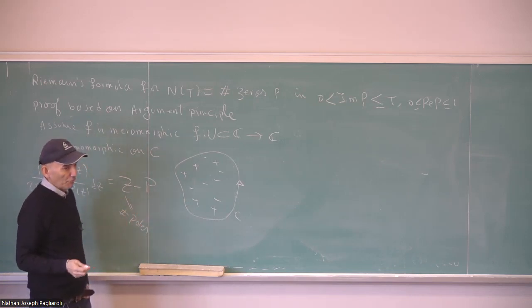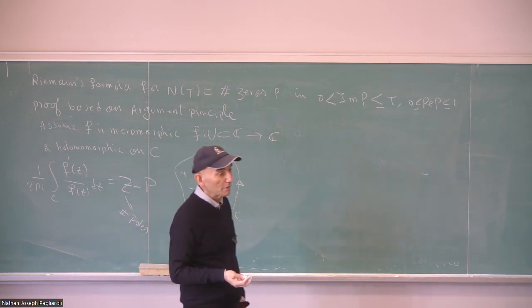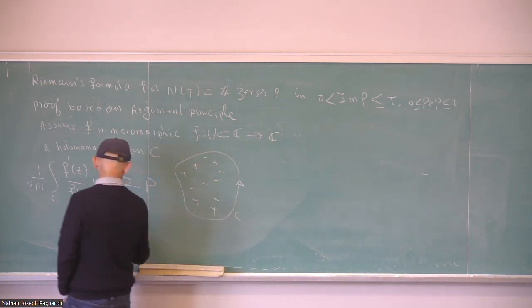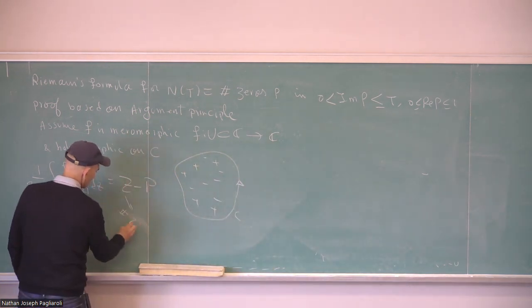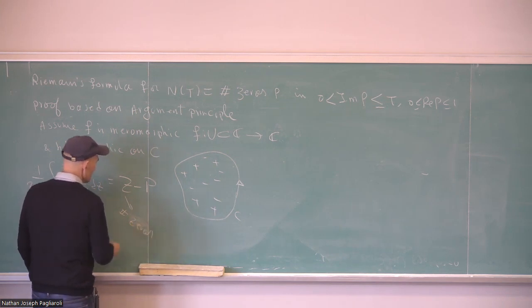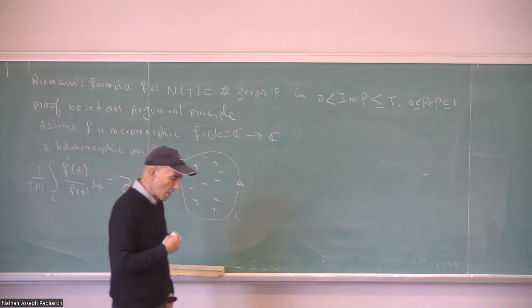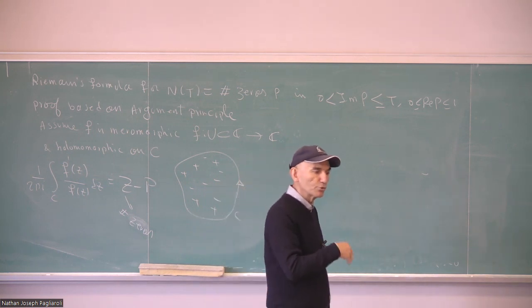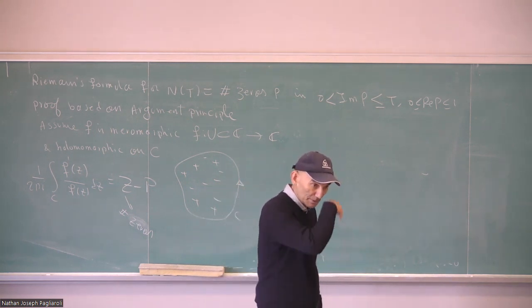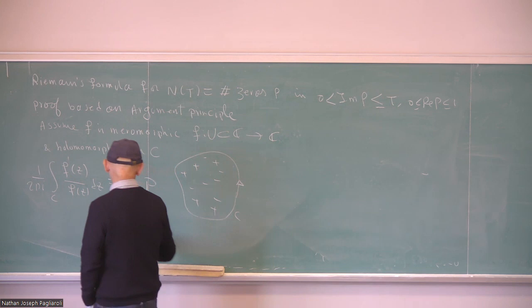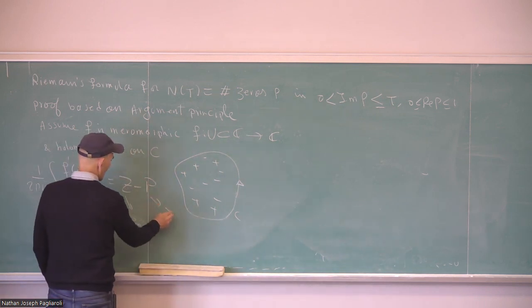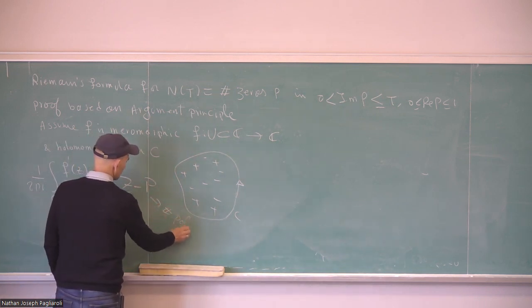But we have to be careful. If you have a zero of order 2, you have to count it twice. So this is counting multiplicities, and this is the number of poles.